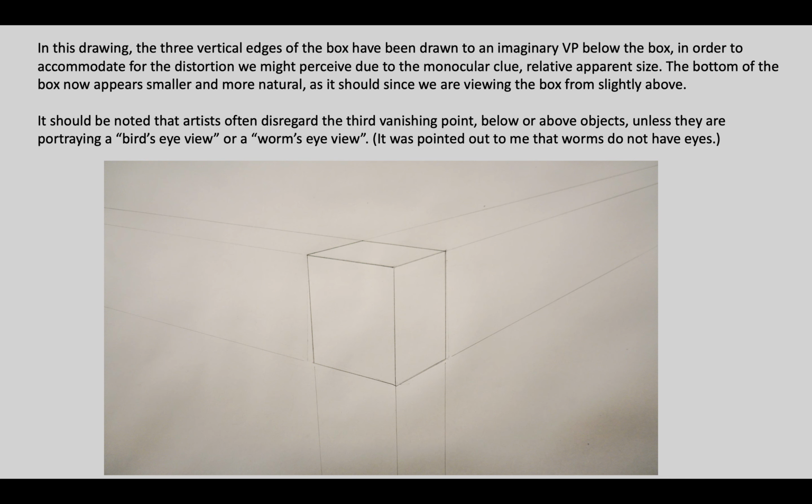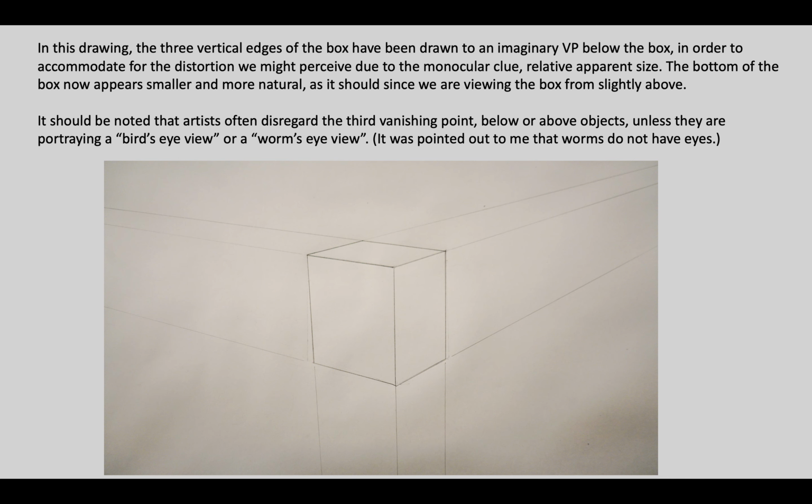So the relative distance to the top of the box is less than the distance to the bottom of the box, which means, according to the monocular clues, the bottom's further away, so the bottom sides have to be shorter.